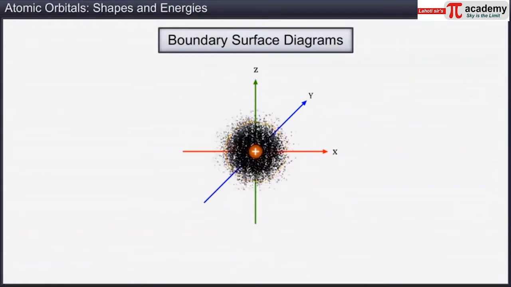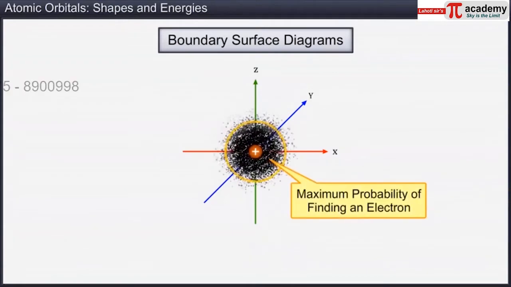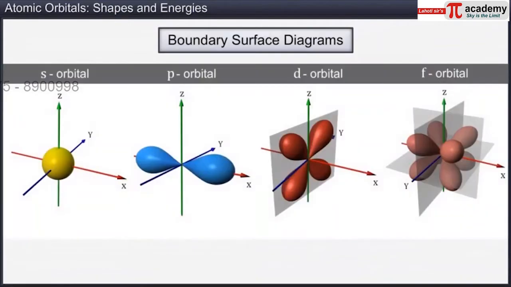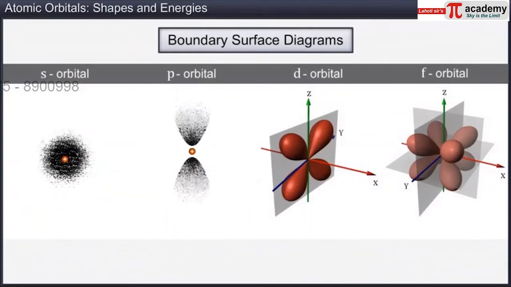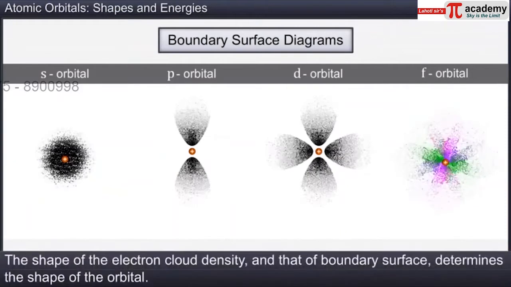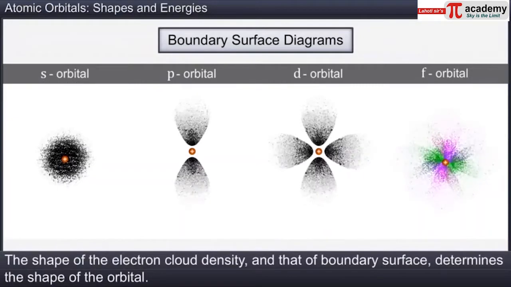The region inside the boundary surface depicts the orbital where the probability of finding an electron is maximum, that is, about 90%. The boundary surface diagrams define the shapes of various orbitals. Therefore, the shape of the electron cloud density and that of boundary surface determines the shape of the orbital.